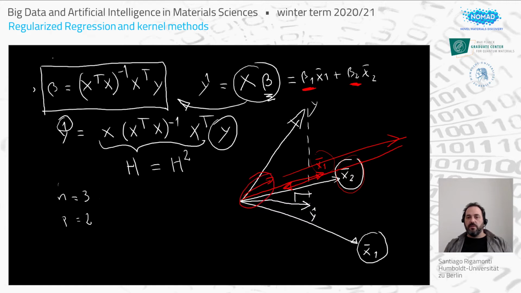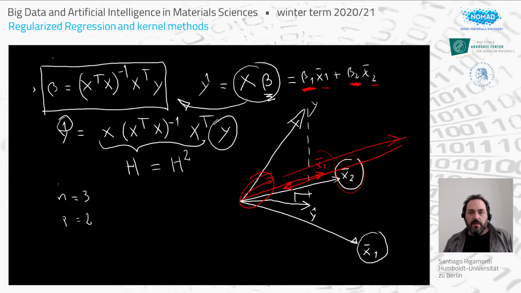So the fact that you can represent any vector as a difference of these two vectors brings great instabilities in the linear regression method when you have vectors that are almost collinear. This is one of the problems.